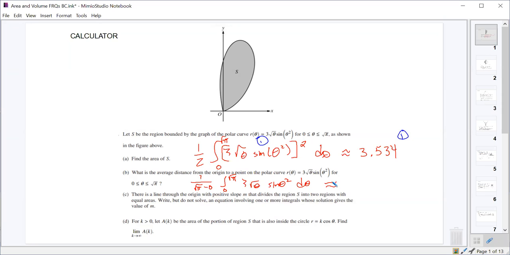And with any luck, that came out to be 1.580. And you have 1 point for having the correct integral and 1 point for getting the correct answer on that one. Everybody good with A and B there?